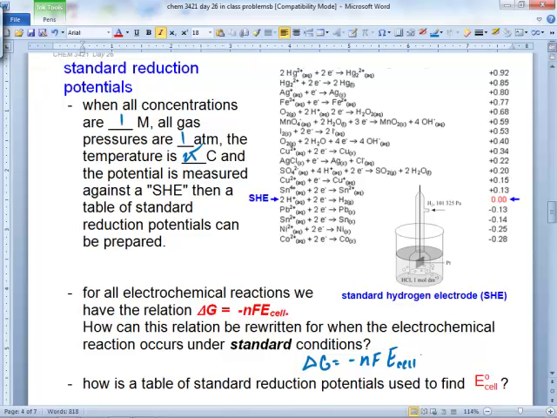Whenever they say something is standard, they add little superscript zeros to stuff. Now, you only add superscript zeros to stuff that makes sense. You're not going to add a superscript 0 to the n. You're not going to add it to the F. But you will to delta G.